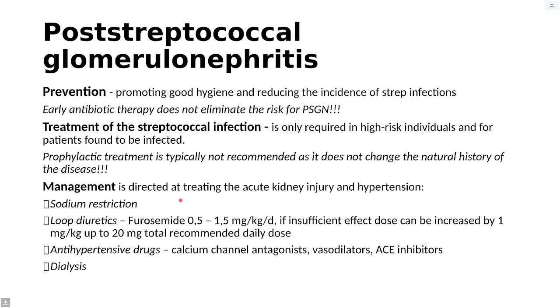Management is directed at treating the acute kidney injury and hypertension. The first is sodium restriction. The second is loop diuretics, furosemide, and if the effect is insufficient, the dose can be increased by 1 milligram per kilo up to 20 milligram total daily dose.